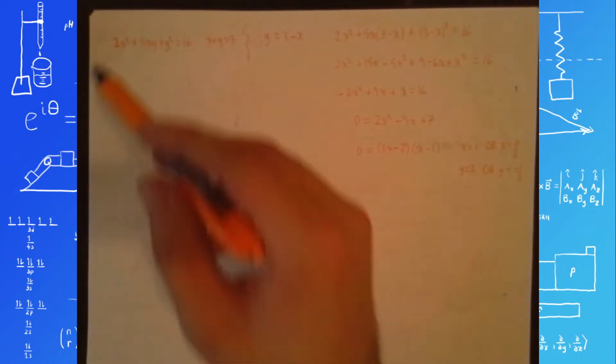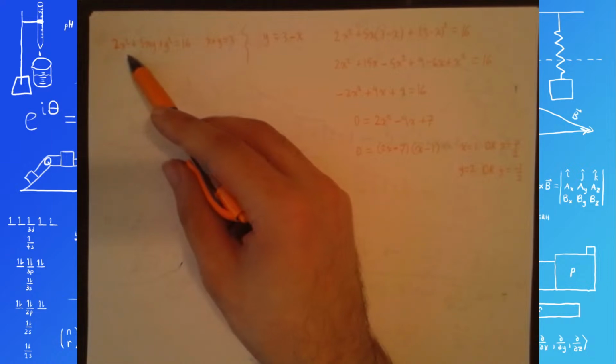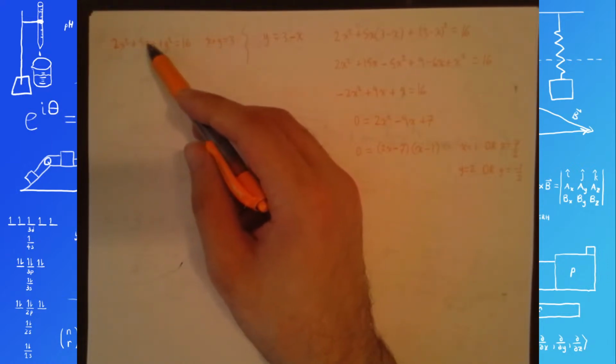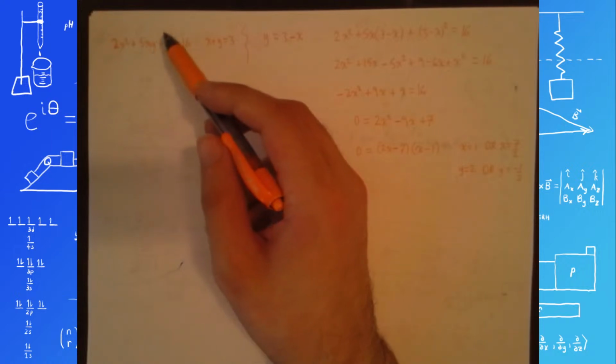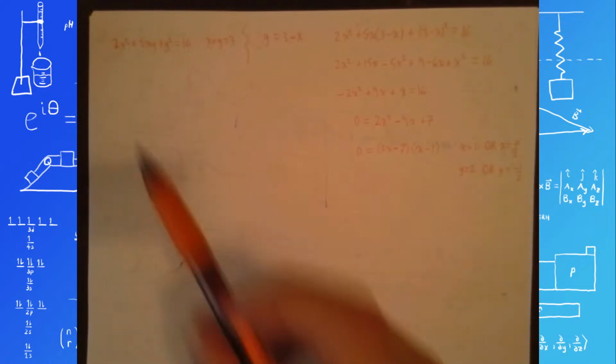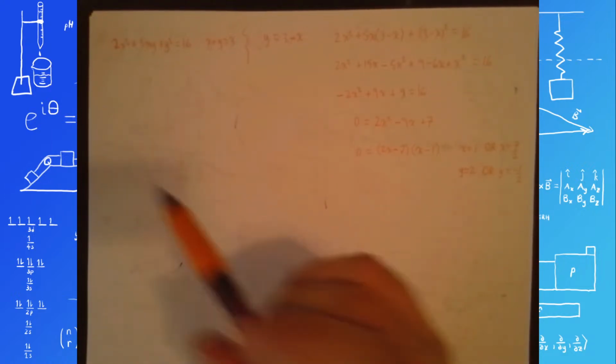So if I do 1 and 2, 2 times 1 squared plus 5, 1, 2, so that's 10, 2 and 10 is 12, plus 2 squared. 12 plus 4 is 16. That works. And then 7 halves and 1 half.